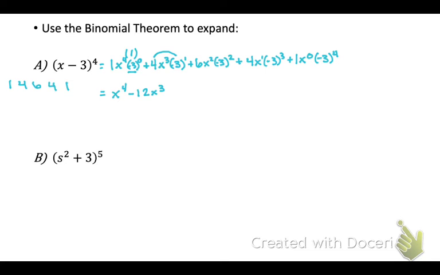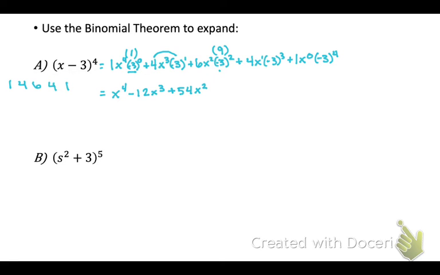Then I have negative 3 squared, which is positive 9. So I would have 6 times 9, which is 54. So I have 54 x to the second.